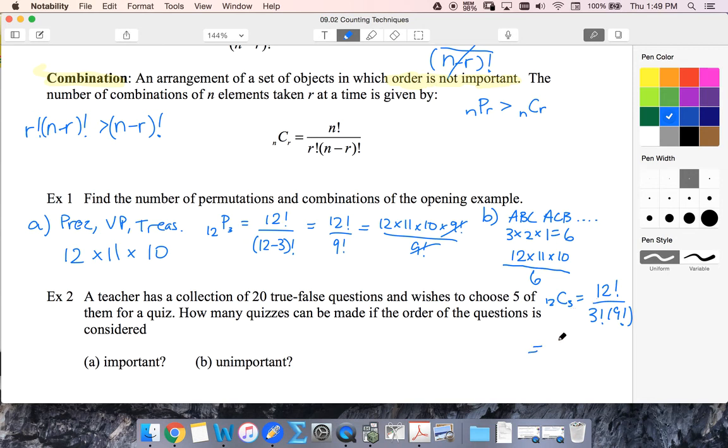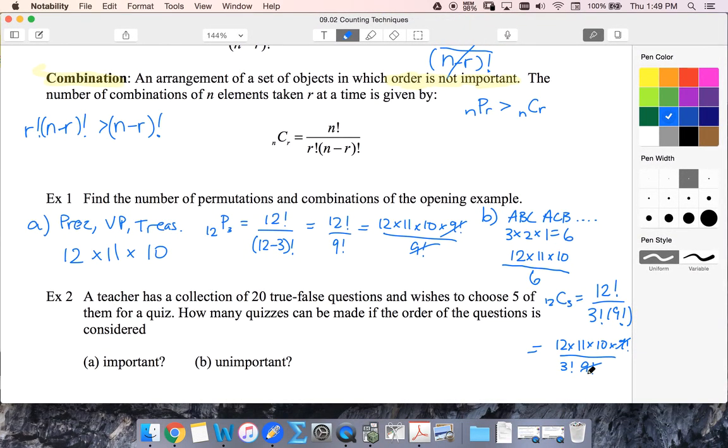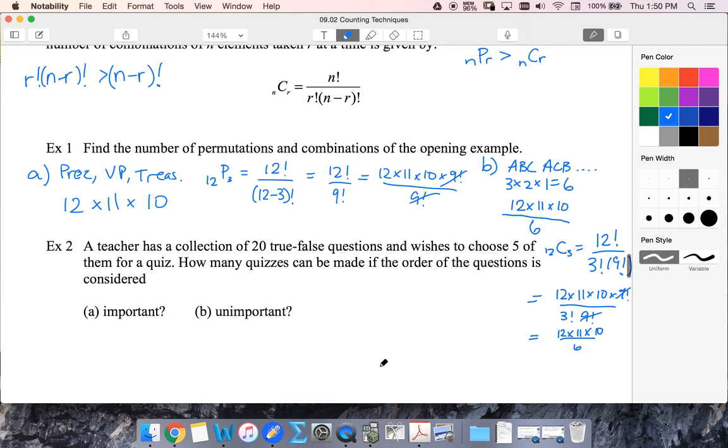So I've got the same thing, 12 times 11 times 10 times 9 factorial, divided by 3 factorial times 9 factorial, the 9 factorials cancel, and I end up with 12 times 11 times 10 divided by 6, like I thought I would. And so that is the difference between permutations and combinations, and we're going to come back and look at some more examples of that.